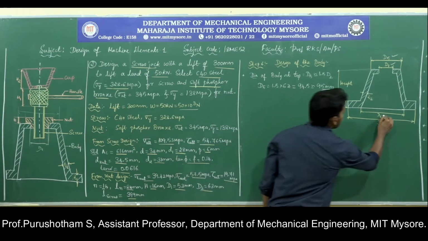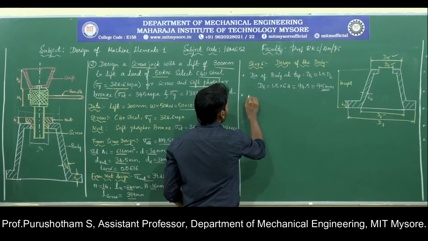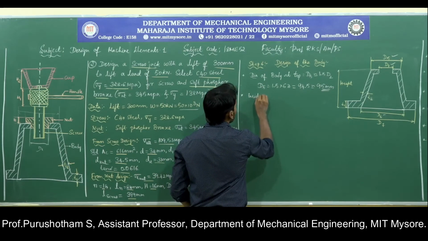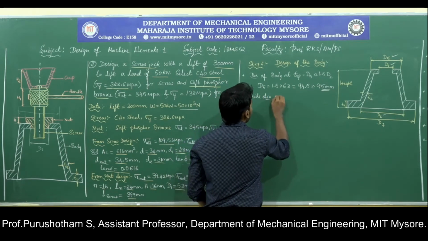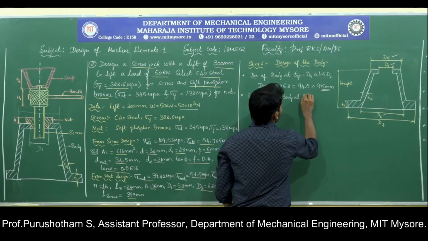Now we need to calculate D6 and D7. D6 is the inside diameter of the body at bottom.